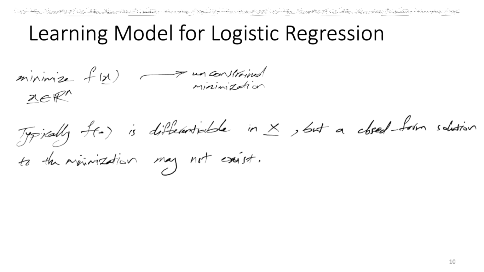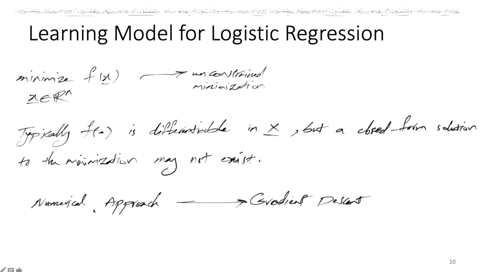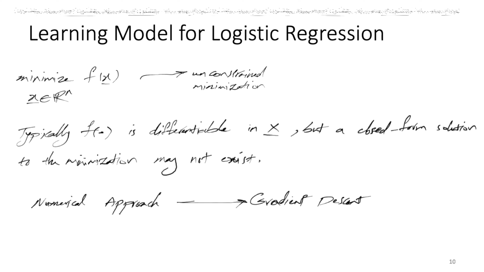But in a closed form solution, which is not the case here, we cannot apply the direct analytical model for that minimization, so that may not exist. All right, so we're going to go for a numerical approach, and that is gradient descent.